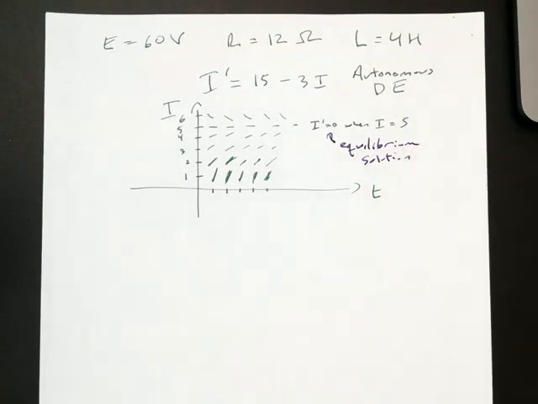And because we're getting closer to it, we called it a stable equilibrium.